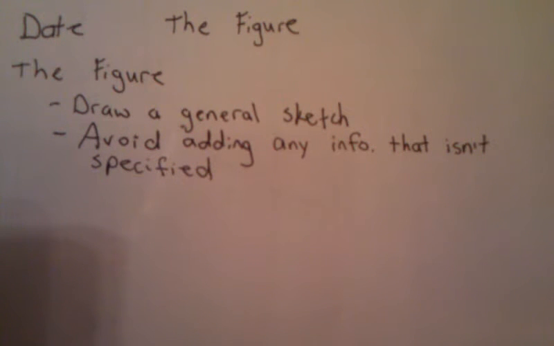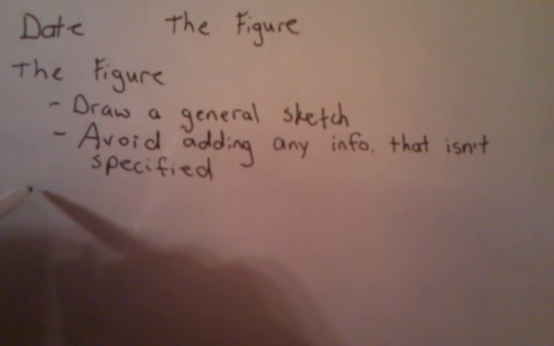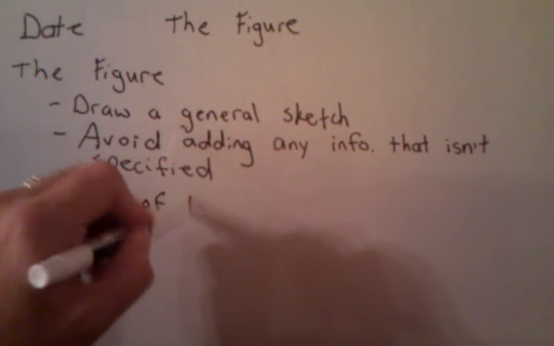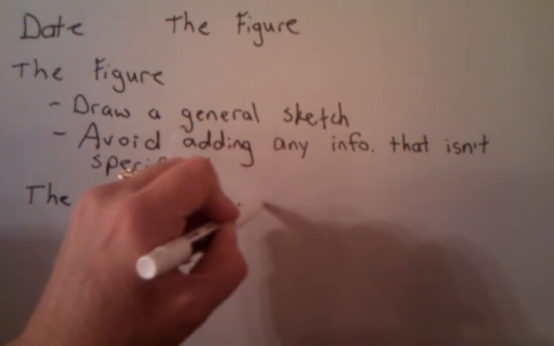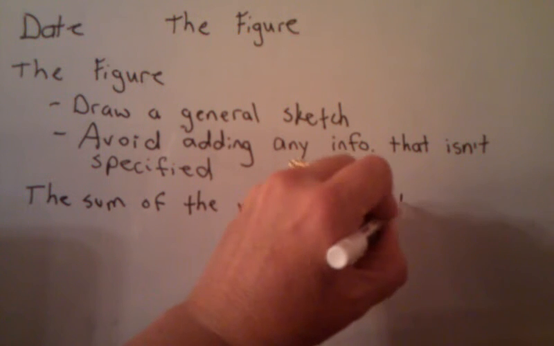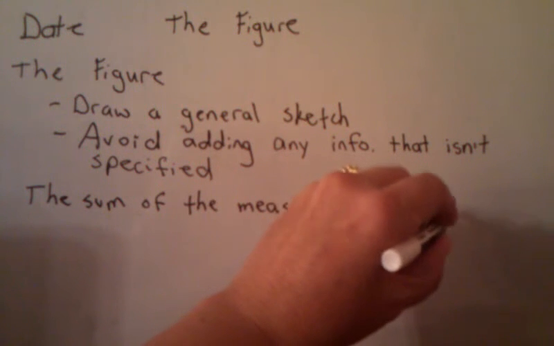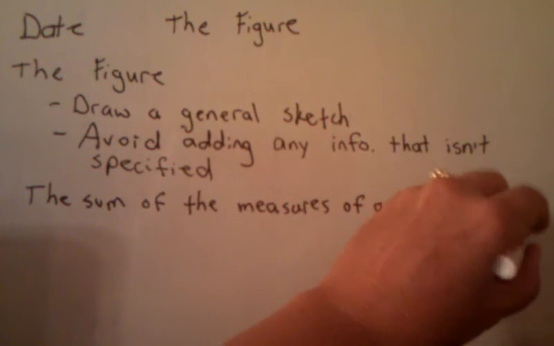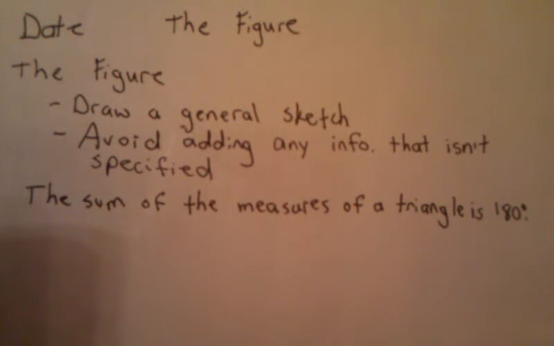The sum of the measures of the angles of a triangle is 180 degrees. Now it says a triangle.